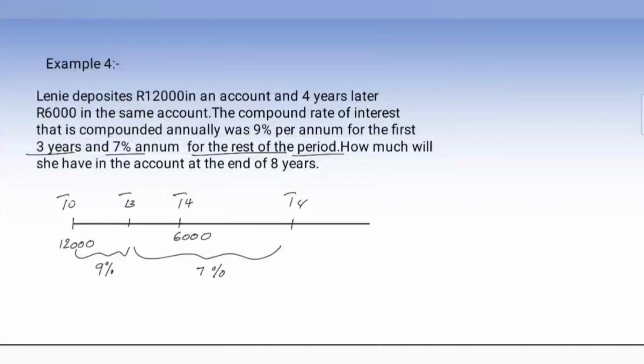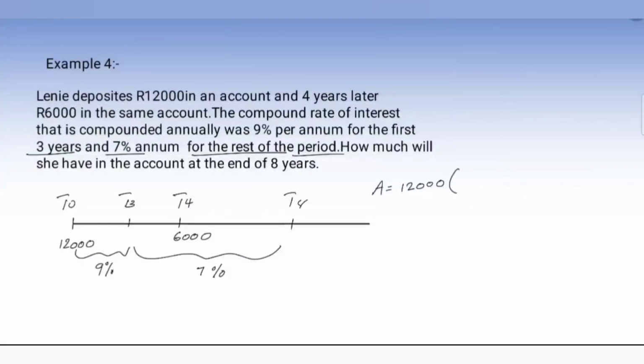Okay, so here 2 transactions are there, then 2 interest rates also. How do you do this question? So go to each transaction and apply the compound interest formula. Since you're changing the interest rate, you also have to consider that. So the final answer is A equals 12,000. That is the first deposit.